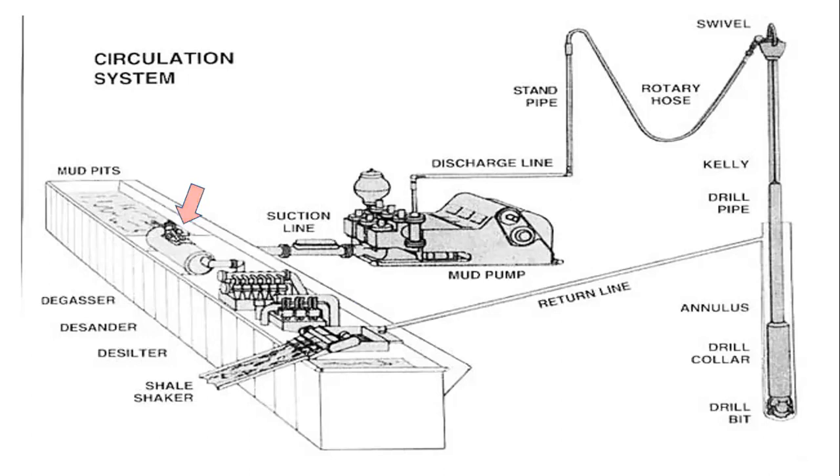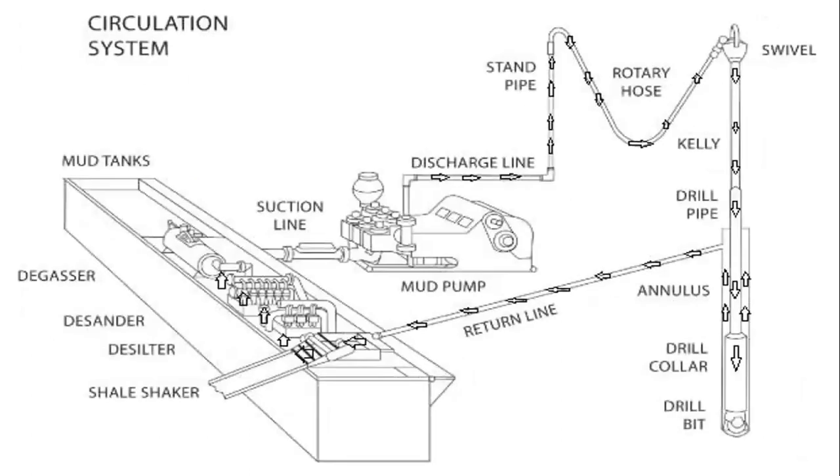And from there, it goes back to the mud pit, okay? So in the mud pit, which is in the mud tank, the mud engineer, or the drilling fluid engineer, will come back, take a sample, and then test to see whether the drilling fluid still maintains its right properties and whether it is okay to re-inject into the wellbore again to continue the circulation process.